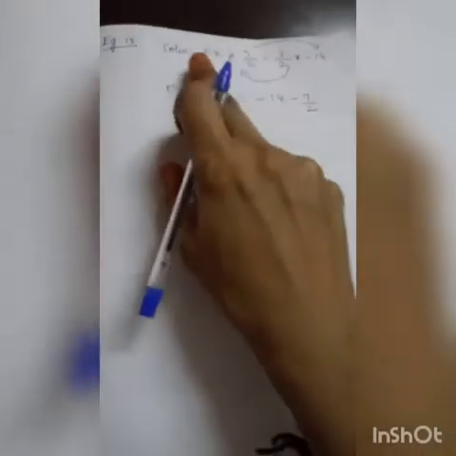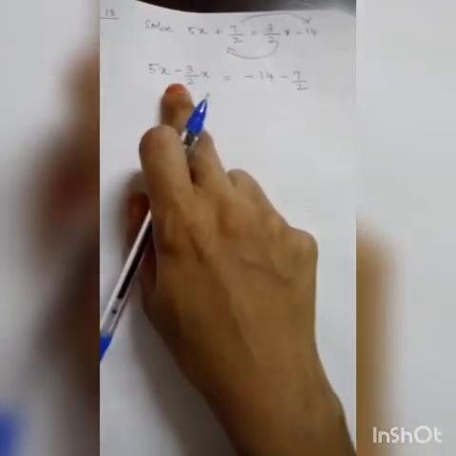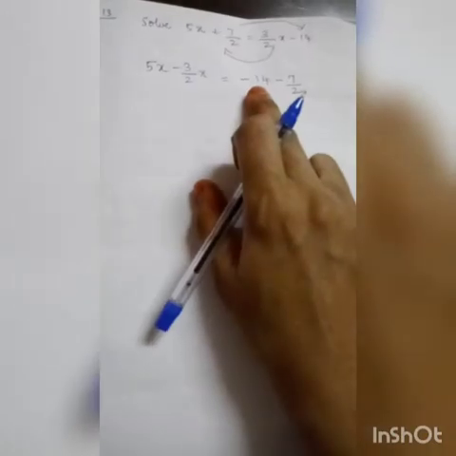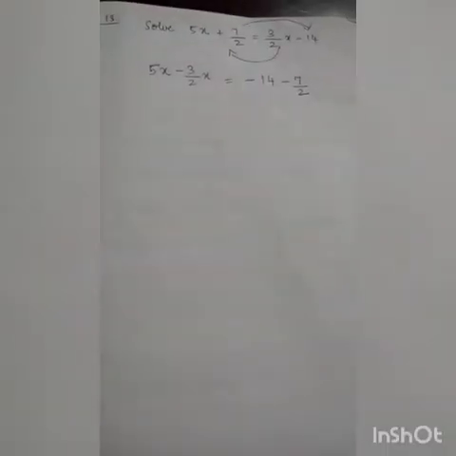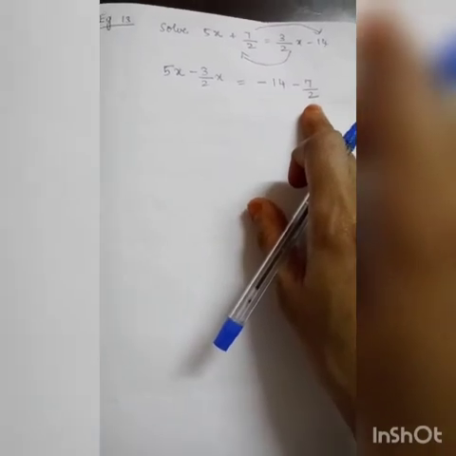Is there any doubt in this? 5x is there, 3 by 2x I am shifting towards that side, it becomes minus 3 by 2x. Minus 14 I am writing because that is the only thing remaining there. Then plus 7 by 2, if it goes that side, becomes minus 7 by 2.